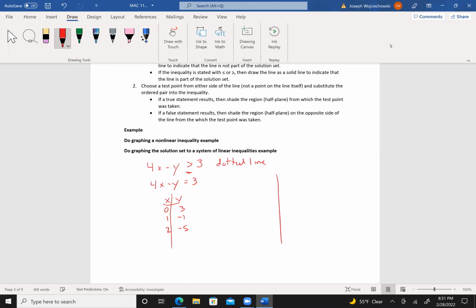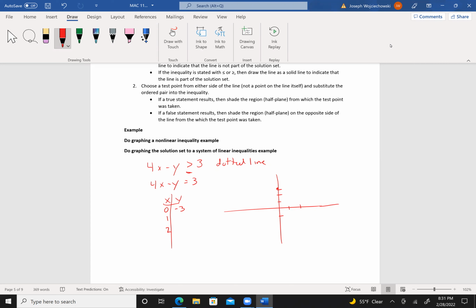So now we can graph our points. 0, 1, 2, 3. 1, -1, and 2. Oh, wait, that is -3. So it appears that my math is wrong.